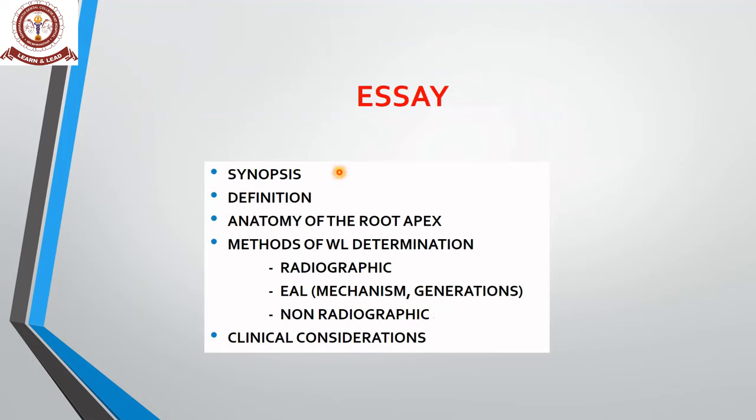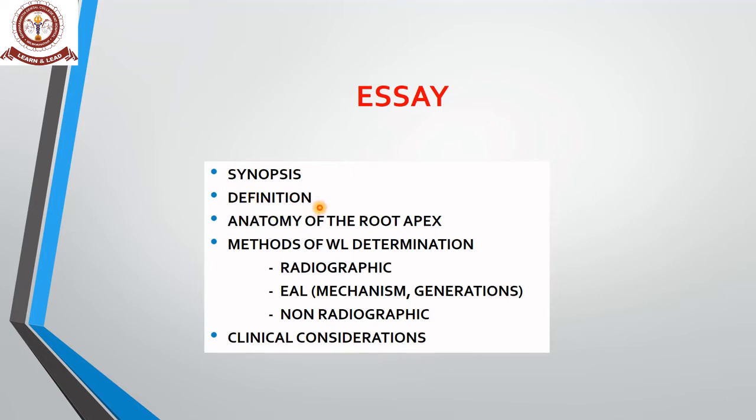So coming to the essay, whenever an essay comes, there should be a synopsis. Okay, synopsis should contain all the topics. So here I have given it for a general working length, but depending on the question, you need to modify the synopsis. First should be definition.